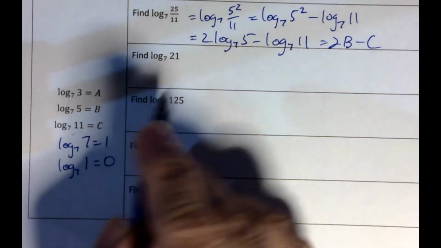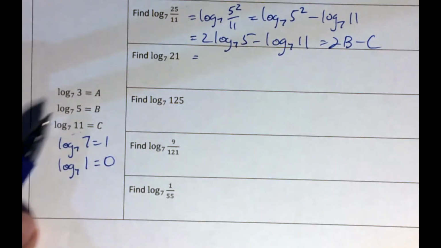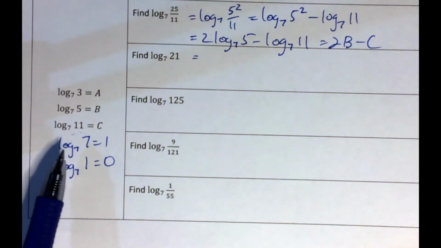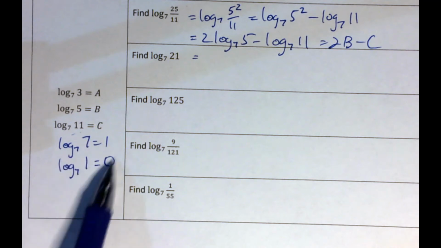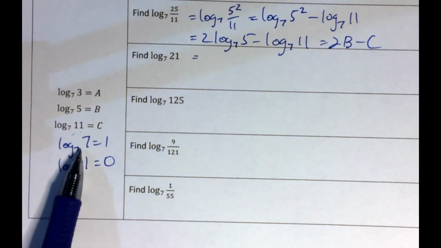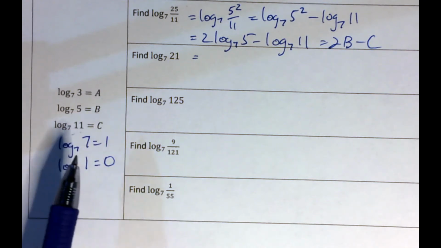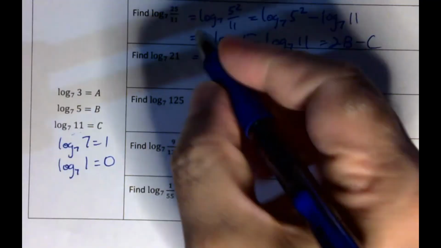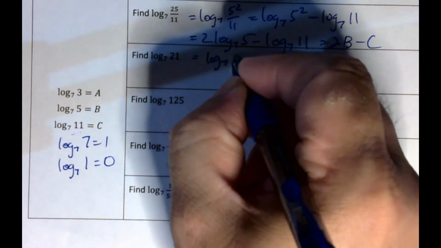All right, and then log base 7 of 21. Well, 21 is 3 and 7, right? The biggest mistake people make is they forget about the base. It's generally not included in the list of logs where they give you variables, but they assume they don't have to give it to you, because everybody knows that log base 7 of 7 is 1. So that's log base 7 of 7 times 3.